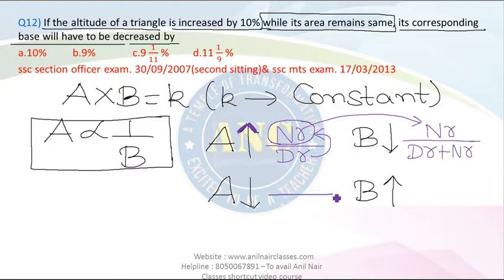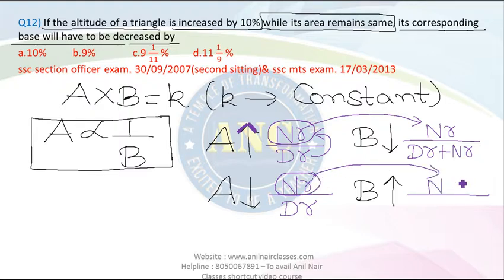Similarly, A decreases, B increases. Let us say that A decreases by NR by DR. If A decreases, B should increase. By what value should it increase? If the numerator of A is NR, copy paste the same numerator here also. Here also it should be NR. Now, the question consists of a decrease.